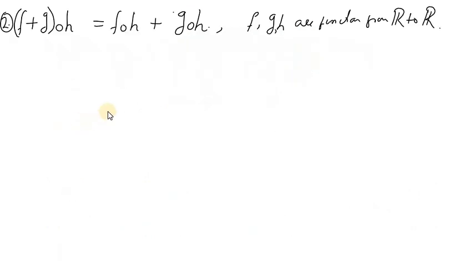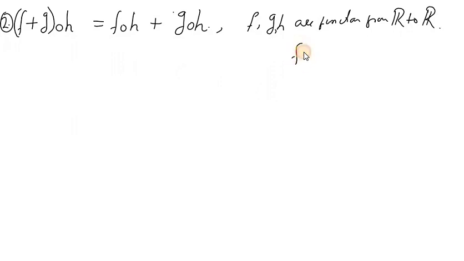So in question number 2 we have to show this one. F, g is a function from R to R, and we have to show this. Okay, so these two functions will be equal if they are equal at every corresponding point. So you know what f plus g is, right?